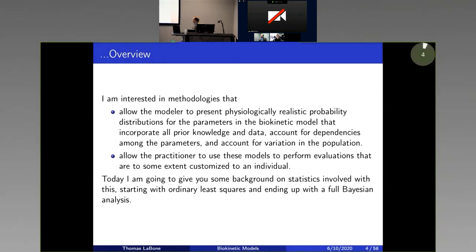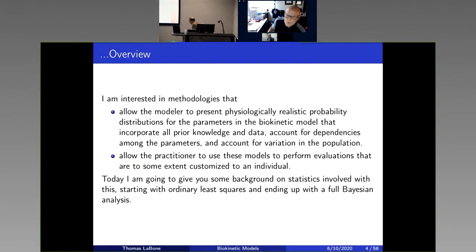What I'm interested in doing is developing some methodologies that allow the modeler, by which I mean the researcher developing the biokinetic model that is eventually published, to present physiologically realistic probability distributions for the parameters in the biokinetic model.